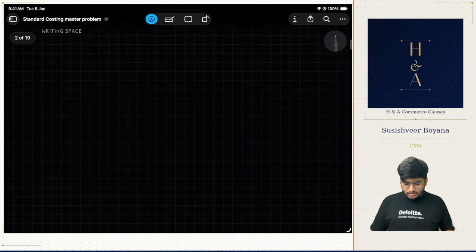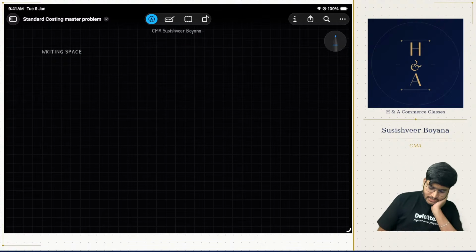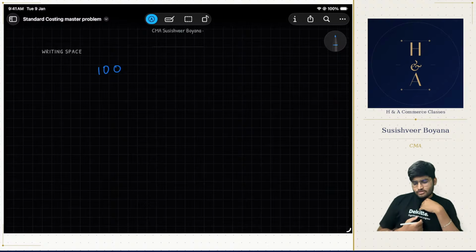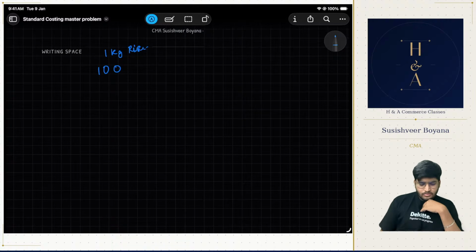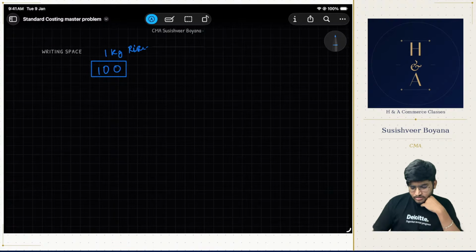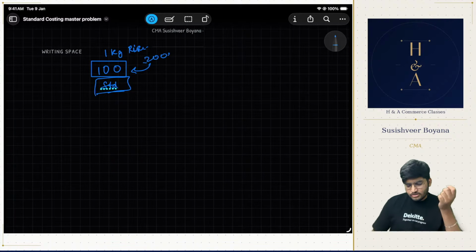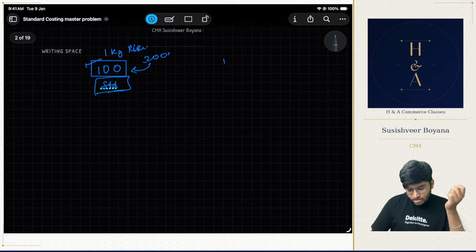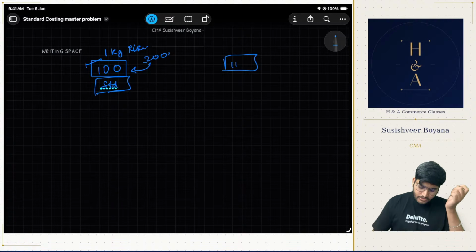Okay. So what is standard costing? For instance, my mom has told me to purchase 1 kg rice. Let us say it's basmati rice. And she gave me around 200 rupees. She didn't have change, so she gave me 200 rupees. So ideally, what is the standard expenditure that she expects? 100 rupees. But I went to the shop and he said 110 rupees.